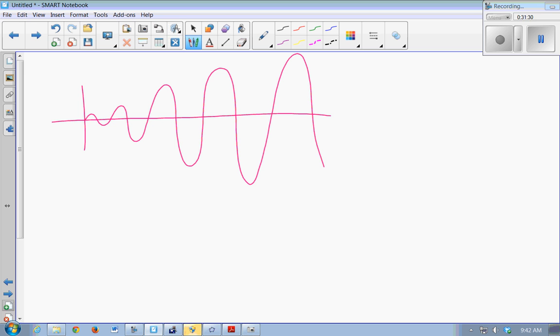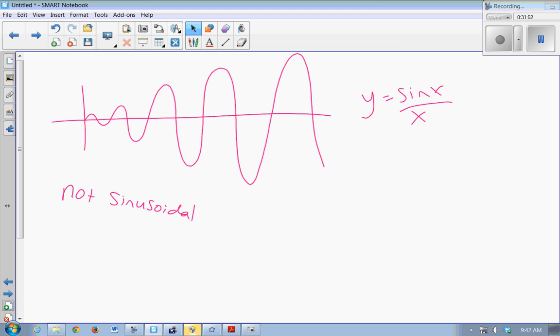It involves a trig function because it's a wave, but it's not exactly the same over every period because its amplitude is getting bigger and bigger and bigger. I think this is y equals sine x over x, but let me double check. Or x times sine x. Let's see.